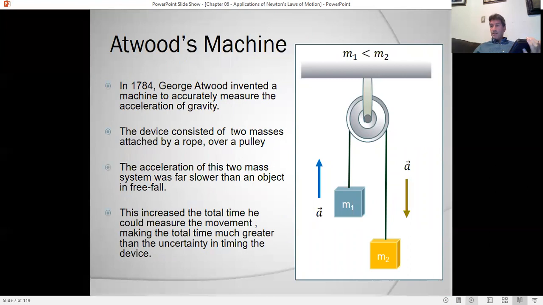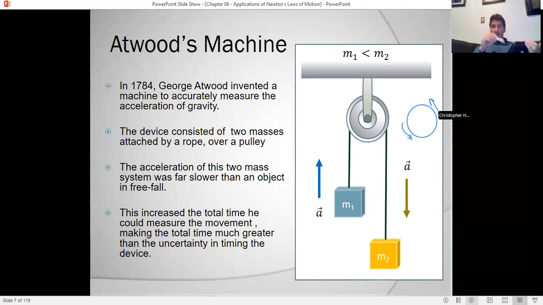The easiest system to look at is Atwood's machine. Atwood's machine was used in 1784 by George Atwood to measure the acceleration of gravity. Even though Galileo had shown that the acceleration of gravity near the Earth's surface was constant, he wasn't able to measure it because later on we will see that when you have a rolling object, it has rotational inertia, which means that it not only resists movement due to its own mass, it resists rotation.